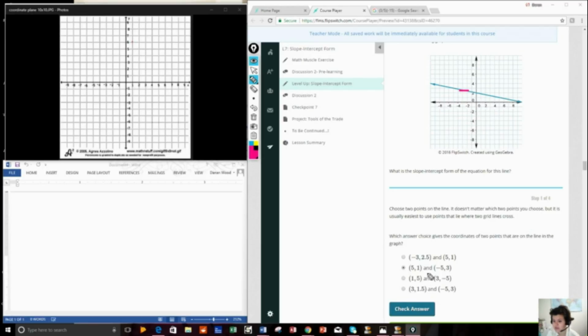And so the reason why whole number integers right here are easy to identify the points at those is because they intersect beautifully where the little grids meet in the corner. So there's no approximating in this.